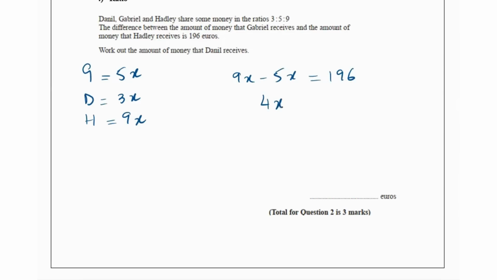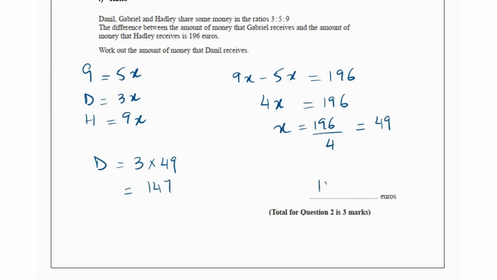So that's 4x equals to 196. And x is going to be 196 divided by 4, which gives us 49. So how much does Daniel receive? That's going to be 3 times 49, which equals to 147. So 147 euros is your answer.